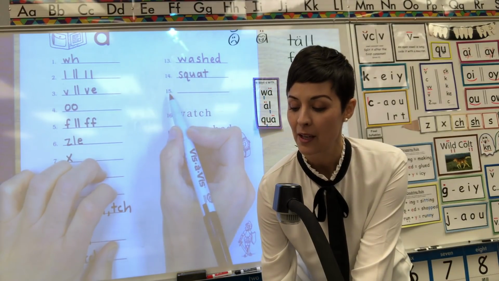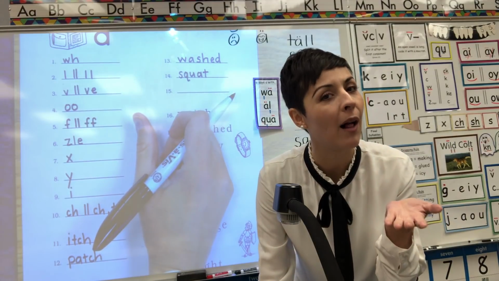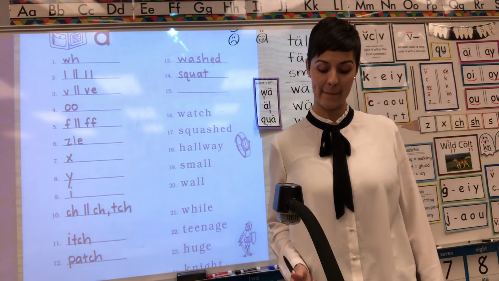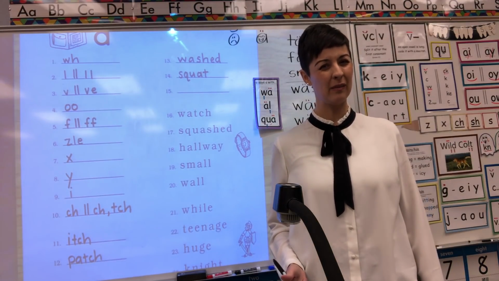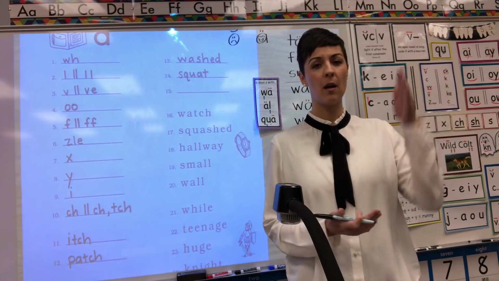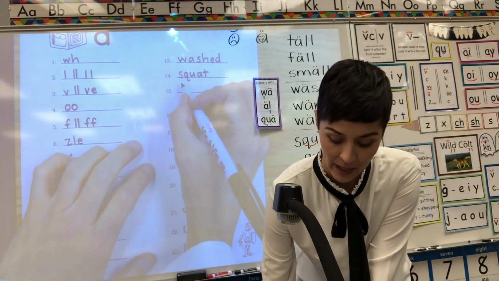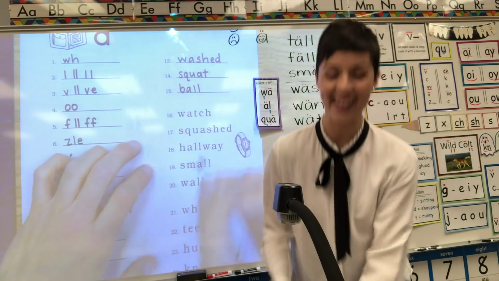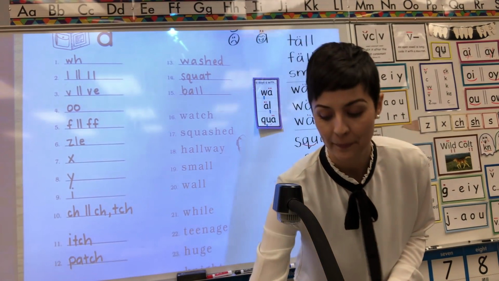Number 15, spell for me the word ball. What word? Ball. Think about, is this a floss word? Ball. Ba-a-all sounds like a short vowel starting B. Spell it. B-A-L-L. Nice job if you remember that was a floss word. And if not, you fix it.